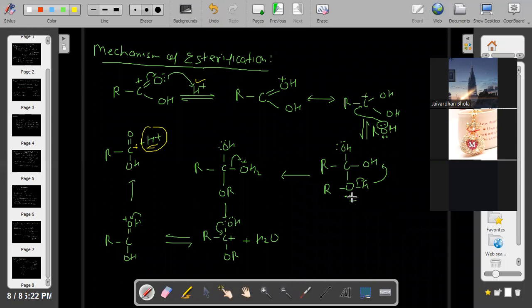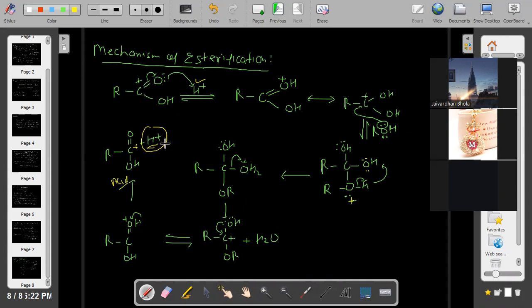That addition product is unstable, so this proton gives its electron to this oxygen and gets freed, and goes to the oxygen having the lone pair. Then you get R, OH, OR, and OH2+. Similarly RC(OH)(OR) and then RC(OH)(OH2+), and this proton is given away to get the ester.